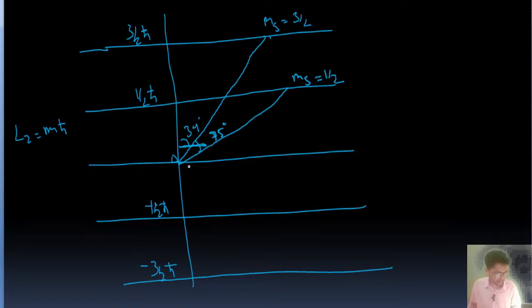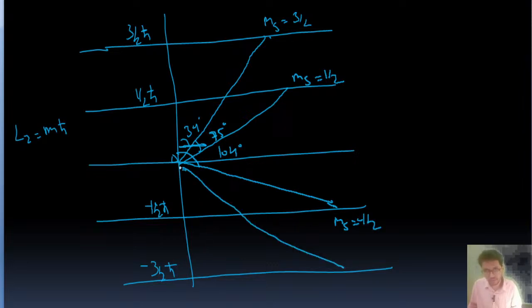And then this complete value is going to be 104 degree for ms equal to minus half, and this complete angle is 140 degree, and this value is for ms equal to minus 3 by 2, right?